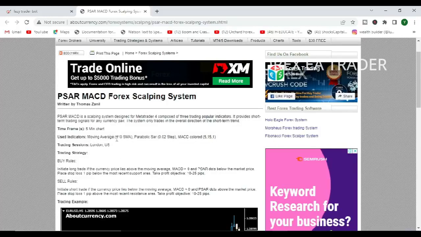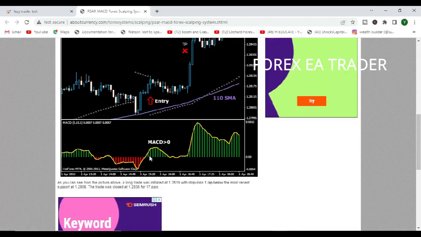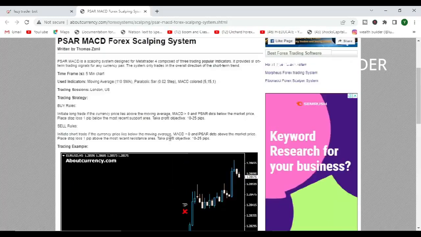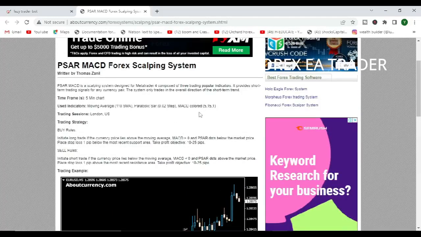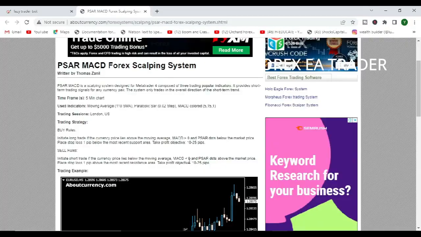The indicators that we're going to need are a moving average 110, simple moving average, parabolic SAR with default settings, as well as the MACD colored. I think we just use the normal MACD unless you can find source code for a colored MACD, then you can basically import that into your FXDREEMA. I've previously showed you how you can import your custom indicators into FXDREEMA.